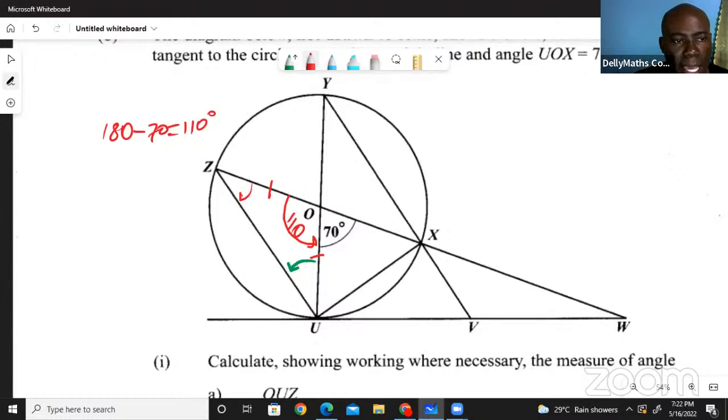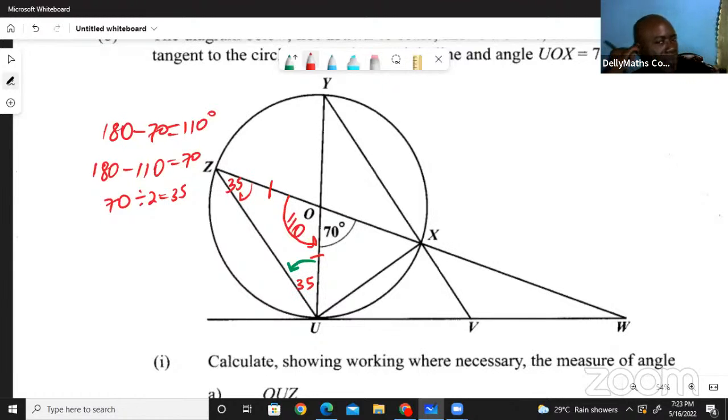So taking 110 from 180, we have 70, and we want to share that 70 degrees equally between the two. We give this one 35 and this one 35, getting 35 apiece.